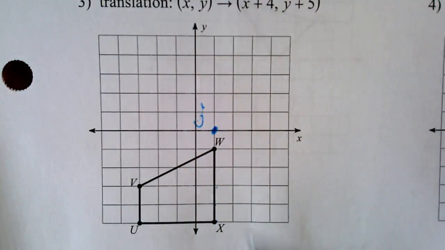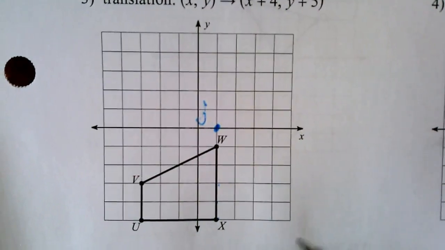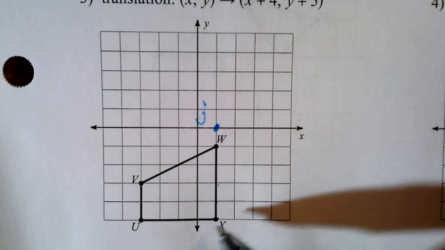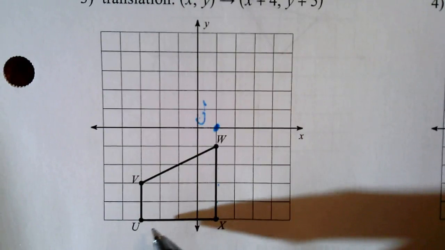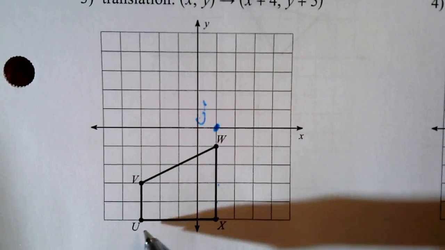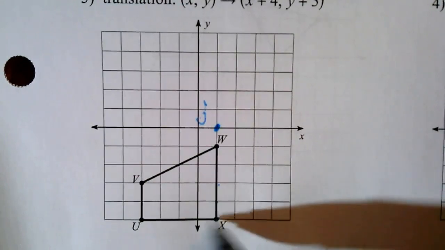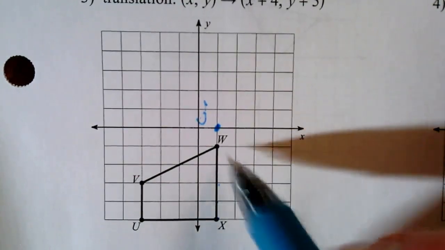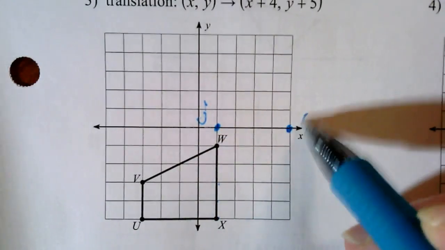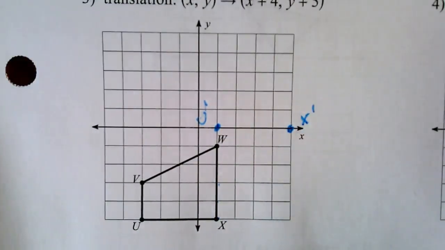Now something to notice, since the transformation keeps the shape the same, we know that X prime is going to be in the same relative position to U prime as X is from U. So X is 1, 2, 3, 4 spaces over from U. So X prime will be 1, 2, 3, 4 spaces over from U prime.